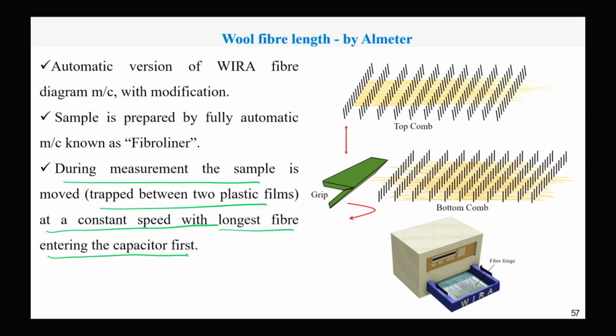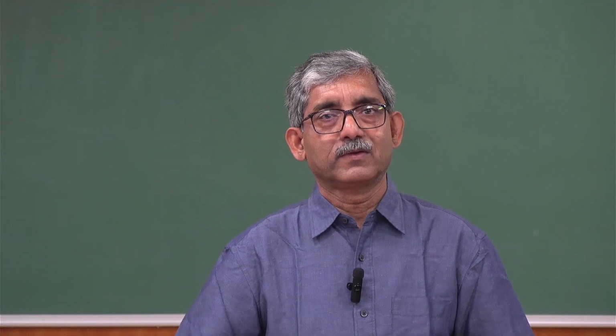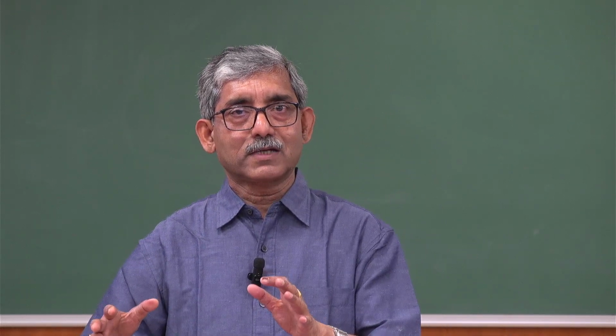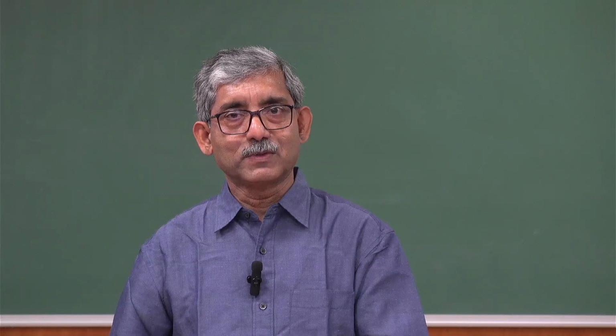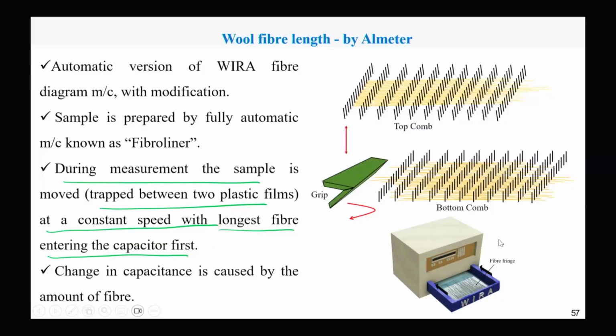In that way the tip enters first, then it will scan and automatically calculate the fiber length parameters. But as I have mentioned, the principle here is the capacitance principle. This is the almeter. So the change in capacitance is caused by the amount of fiber present.